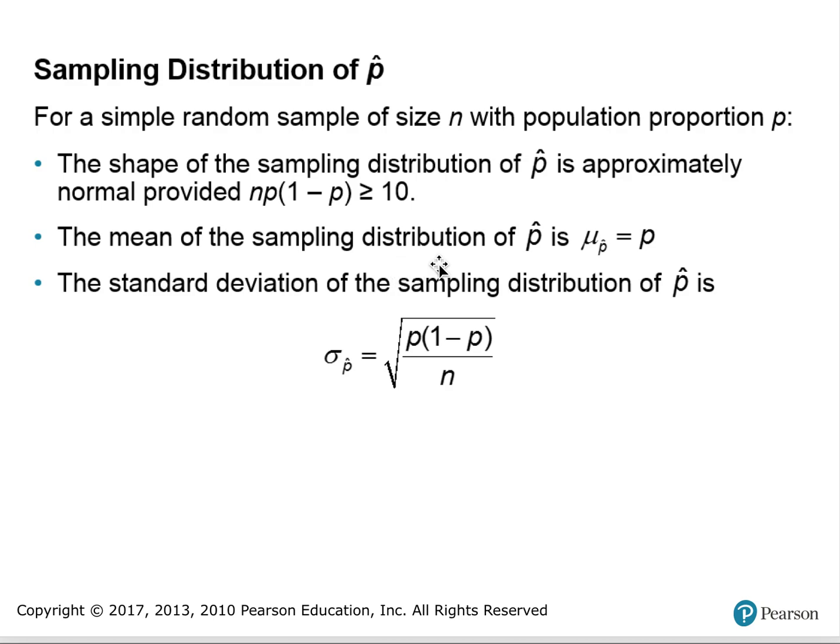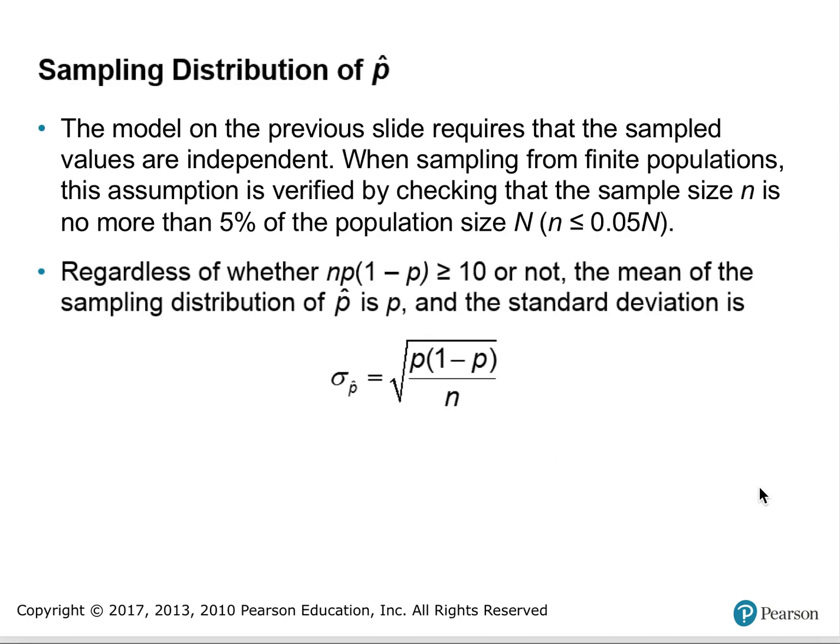The mean is the same, so the mean of p hat is p, and the standard deviation is this formula right here. So the model on the previous slide requires that the sampled values are independent.